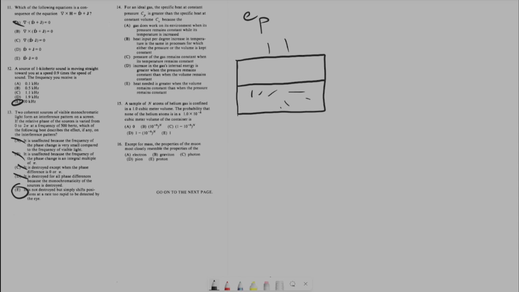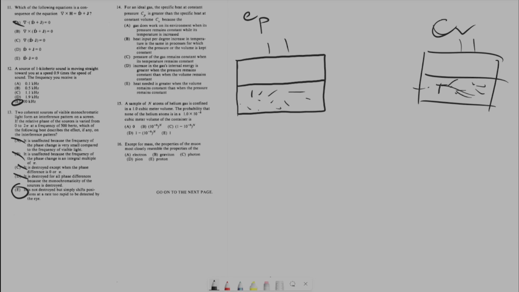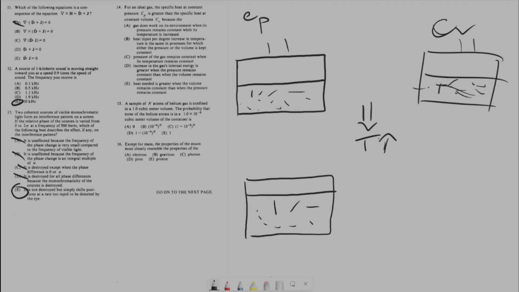You've got my gas doing stuff at that point, and then Cv. Same setup, gas doing stuff. If I increase the temperature, so this is T goes up, at constant pressure, the piston is going to move. So it'll be a little higher up here to keep the pressure constant, as there's more energy in it now.